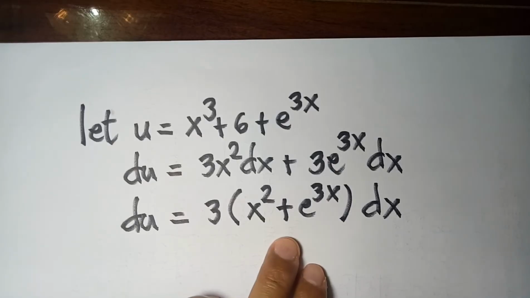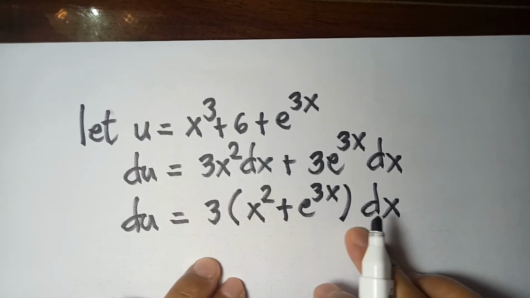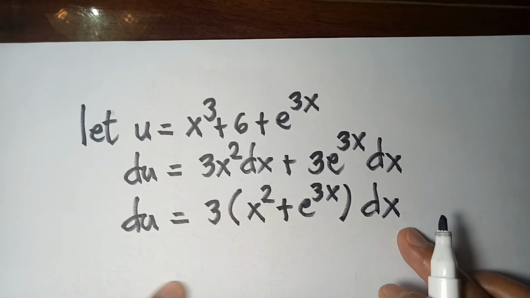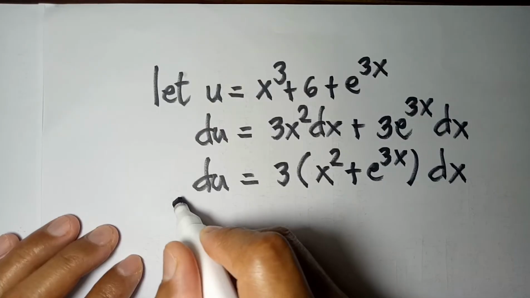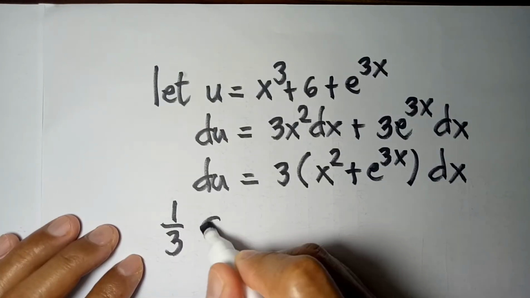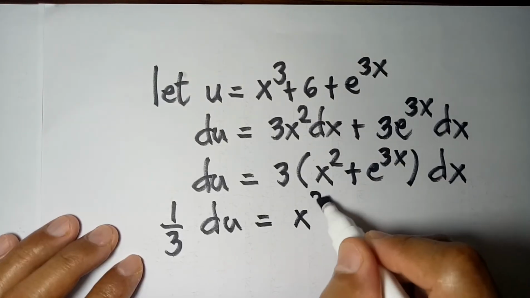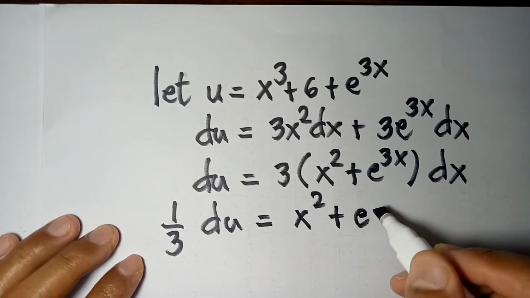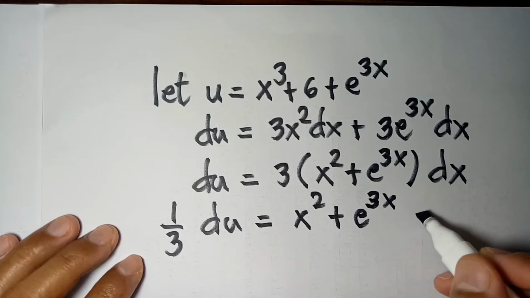Okay, so multiply both sides by 1/3 so that we can solve for x squared plus e raised to 3x dx. So I will have 1/3 du equals x squared plus e raised to 3x dx.